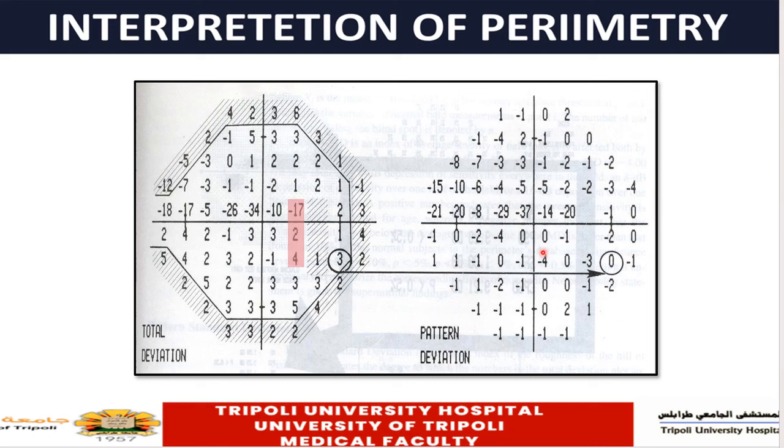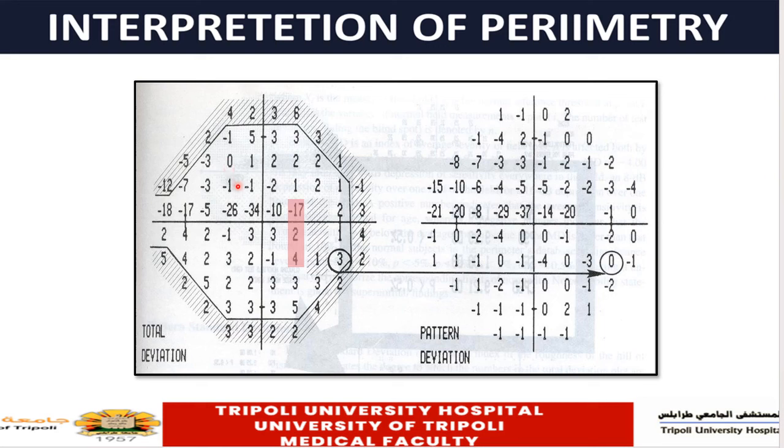Now, in the 24-2, we have 54 points, and this is the total deviation from the normal data. When we calculate the pattern deviation plot, we remove the initial 3 points that are adjacent to the blind spot. This is the blind spot. So we remove these 3 adjacent points, and we are left with only 51 points.